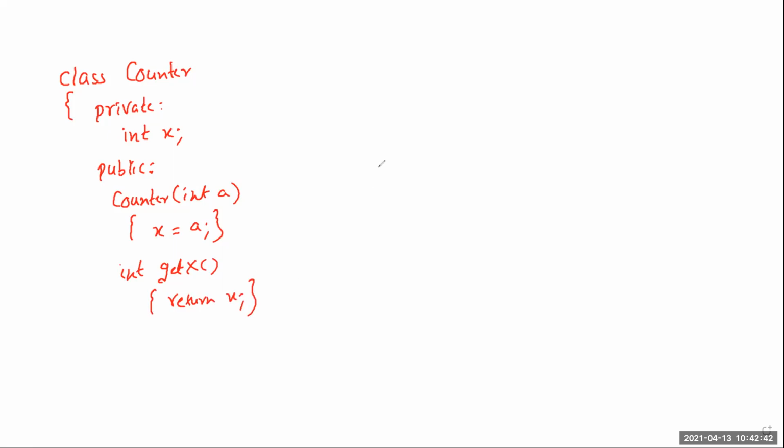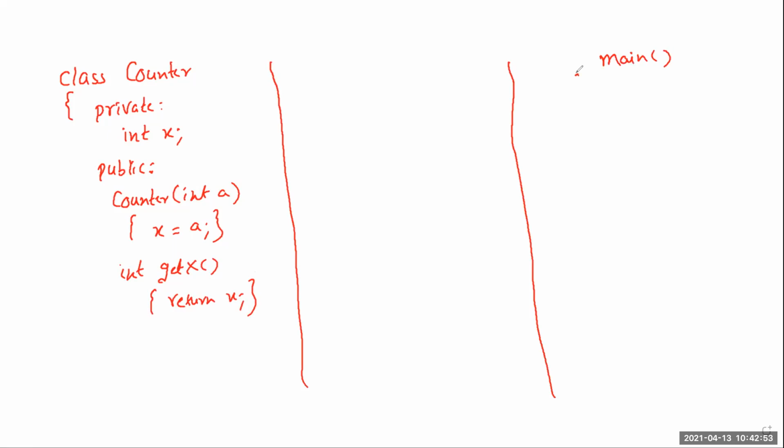Okay, so you can of course have other functions in this class as well, but let's restrict ourselves only to these. Let's now come to the main and see what we want and how we are going to achieve that. So here I write, say, Counter c1, and I pass it 5.